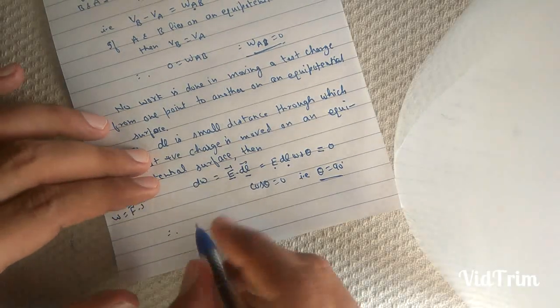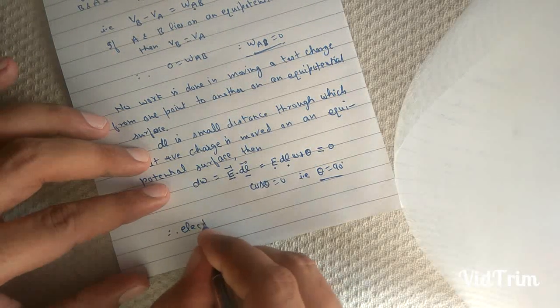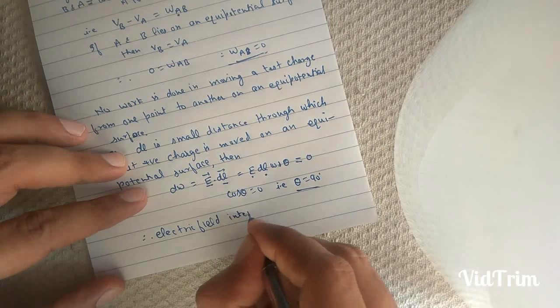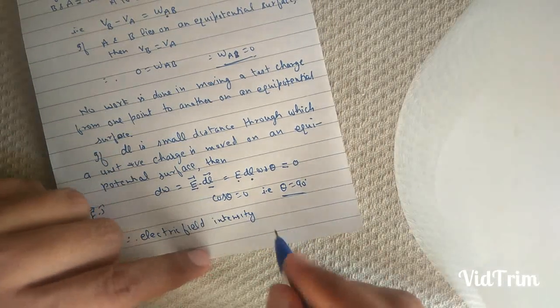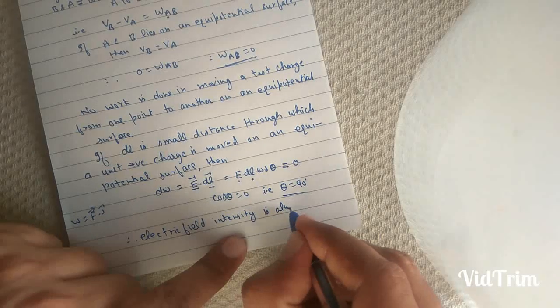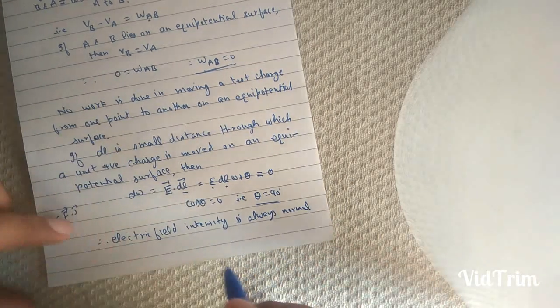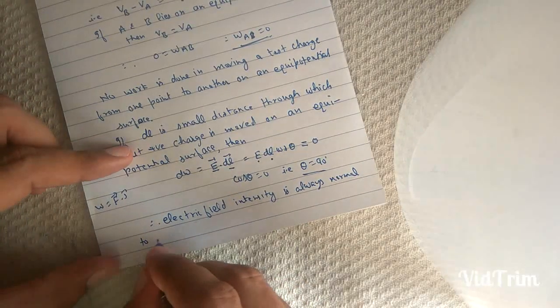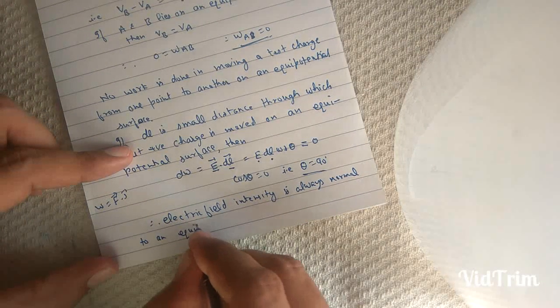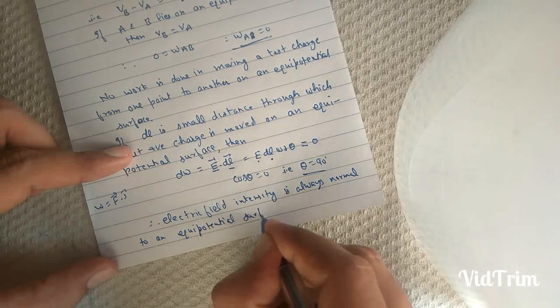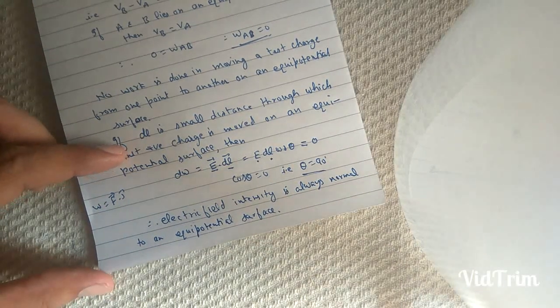Therefore electric field intensity is always normal, that means perpendicular, to an equipotential surface.